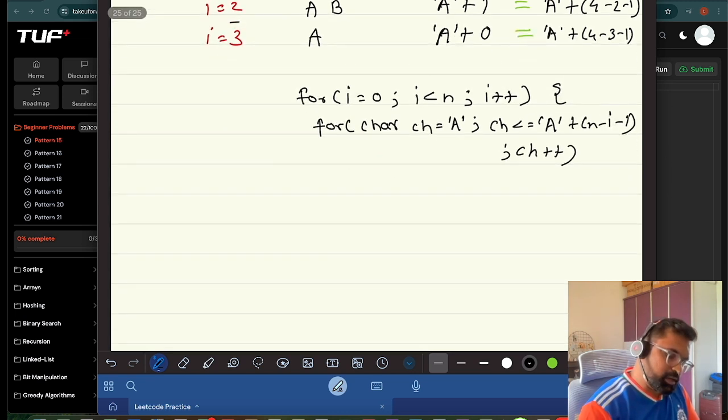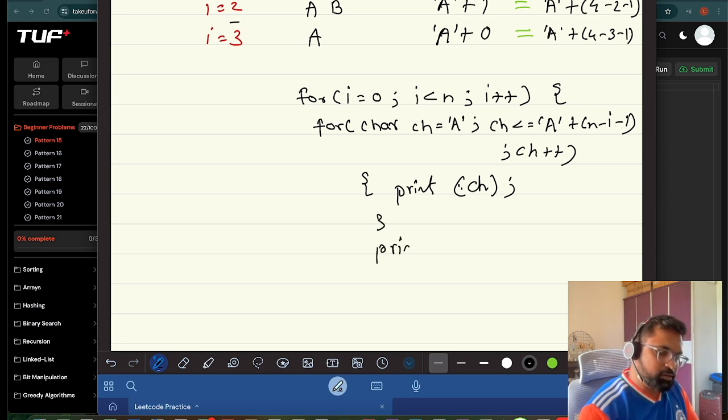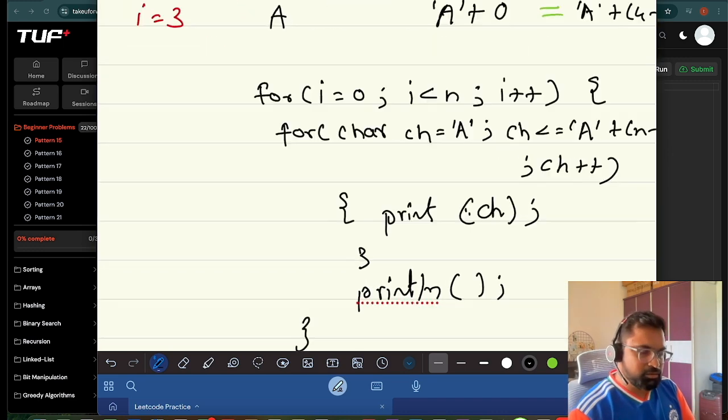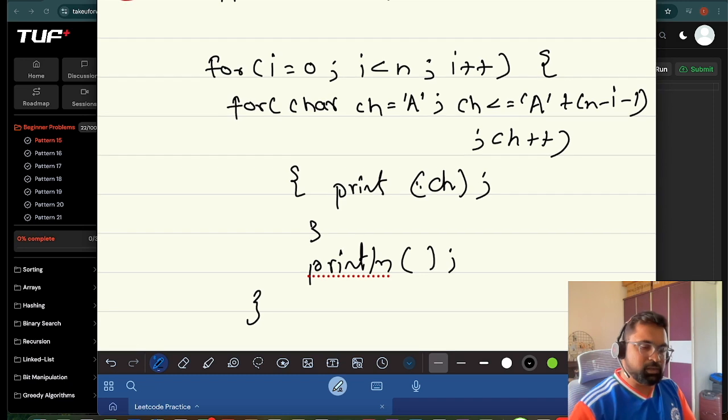And inside that we will print ch, and we will do println to break the line for the next row. This is our pseudo code for this particular problem. So let's try to code it.